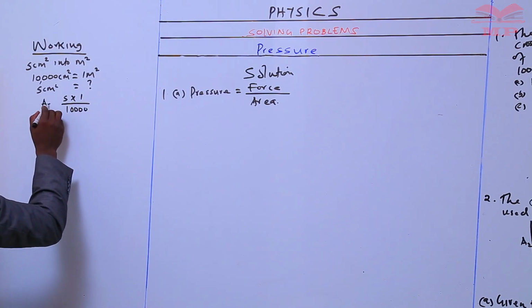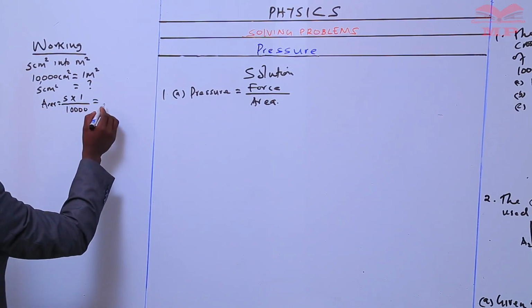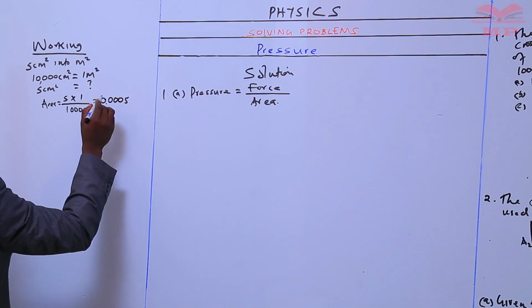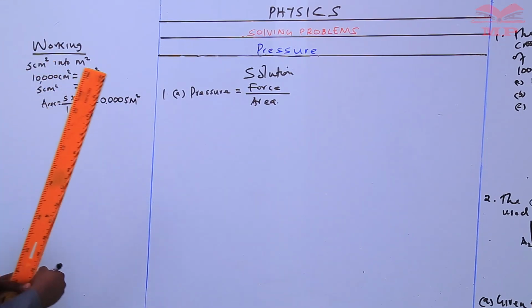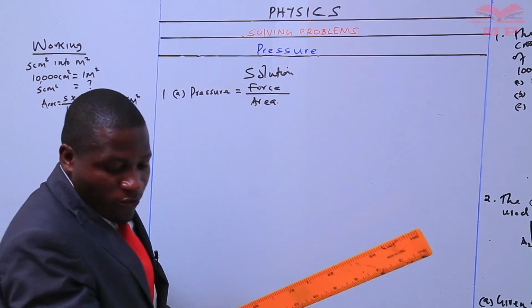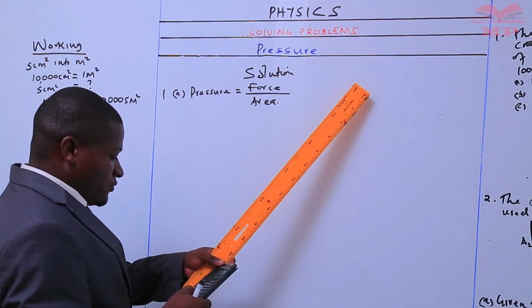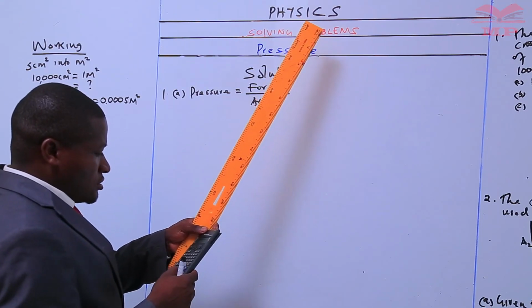This is our area, 0.0005 meters squared. We can still use a calculator to confirm. This is 5 divided by 10,000.